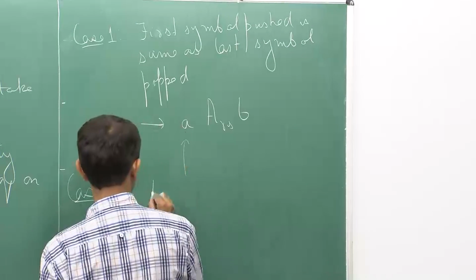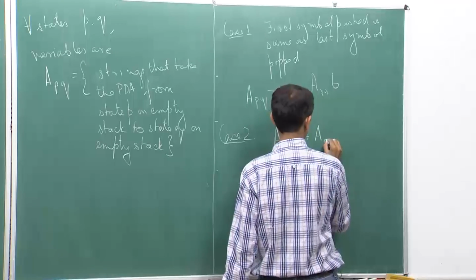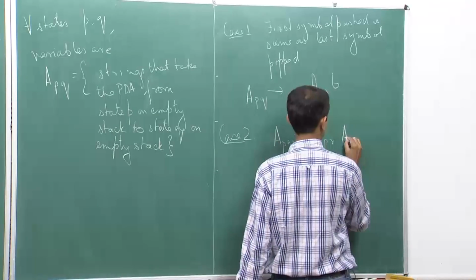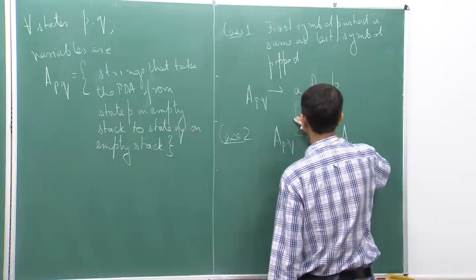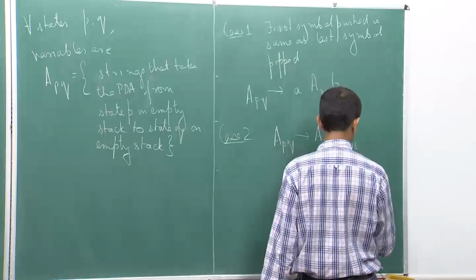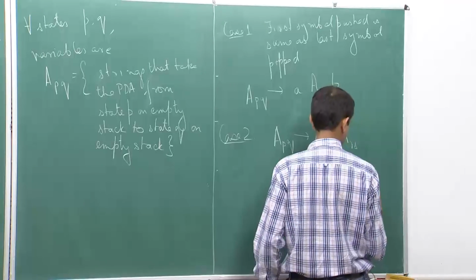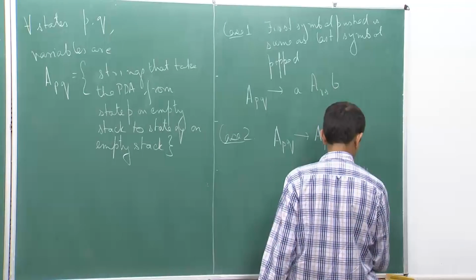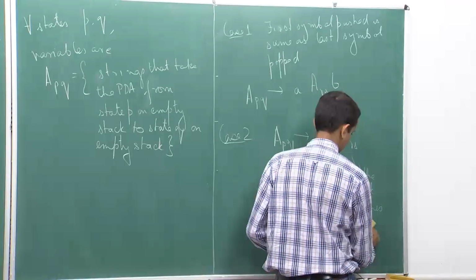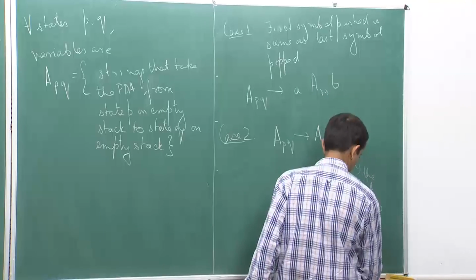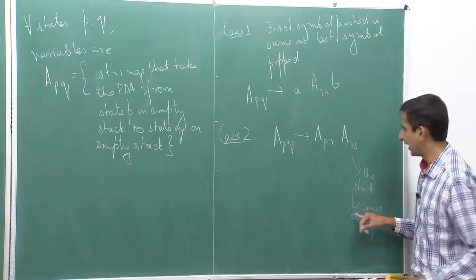So, in this case we will add the rule A P Q goes to A P R concatenated with A R Q, where R is the state where the stack becomes empty after P. Okay.